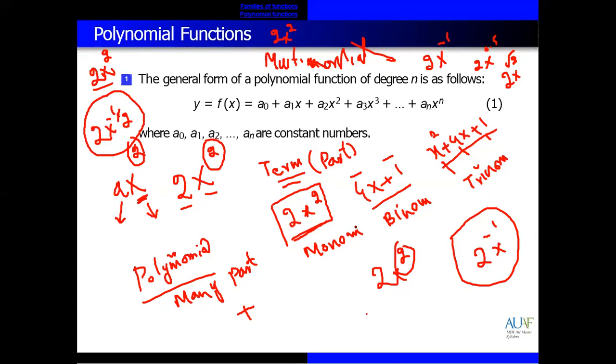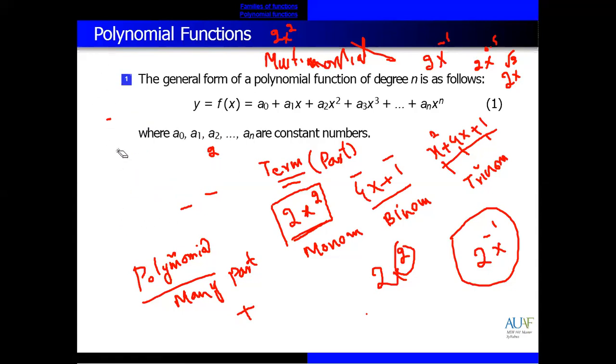So we will discuss polynomial. In polynomial, we have different functions like linear function and quadratic function. What does linear function mean? What does quadratic function mean? We will also discuss the constant function in polynomial.